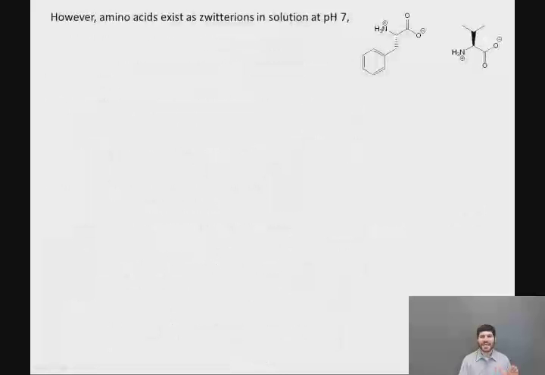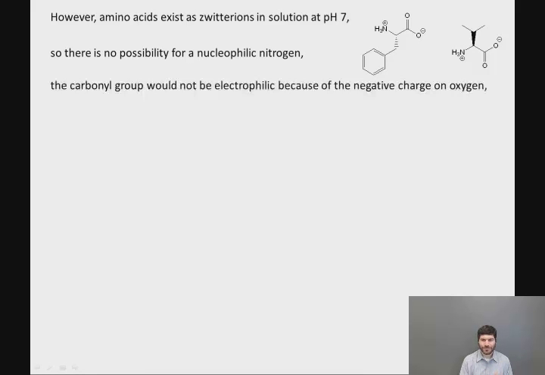The problem is that amino acids, as we've already discussed, exist as Zwitter ions in solution at pH 7, which means that the nitrogen is protonated and the carboxyl oxygen is deprotonated. So what that means is, since the nitrogen is protonated, it no longer has a lone pair on it, so it's no longer nucleophilic.